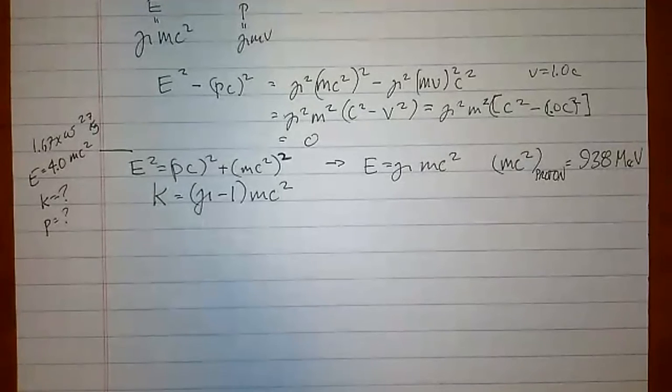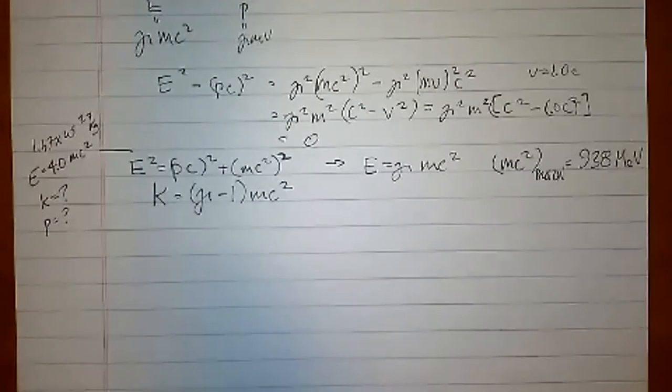So for the kinetic energy part, I plug in gamma equals 4 and MC squared is 938. Yep. So that would just be 3 times 938, which is in the thousands.